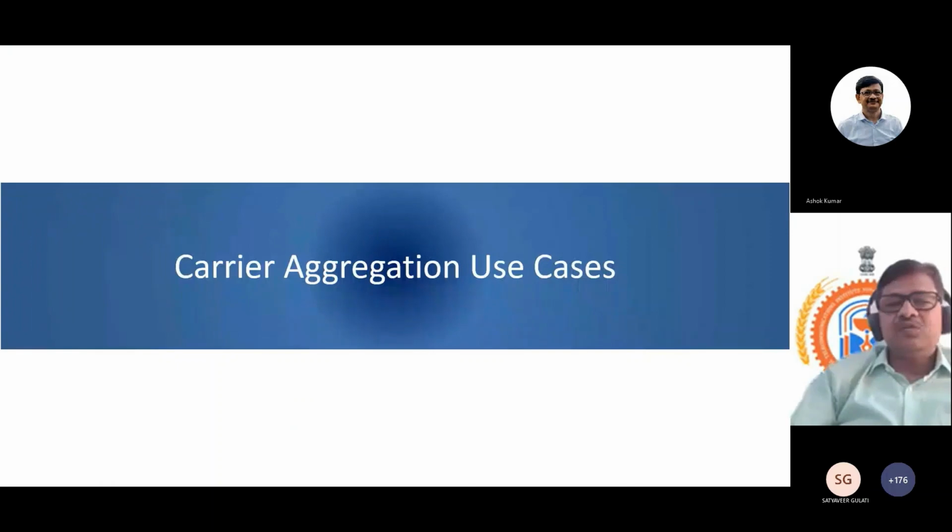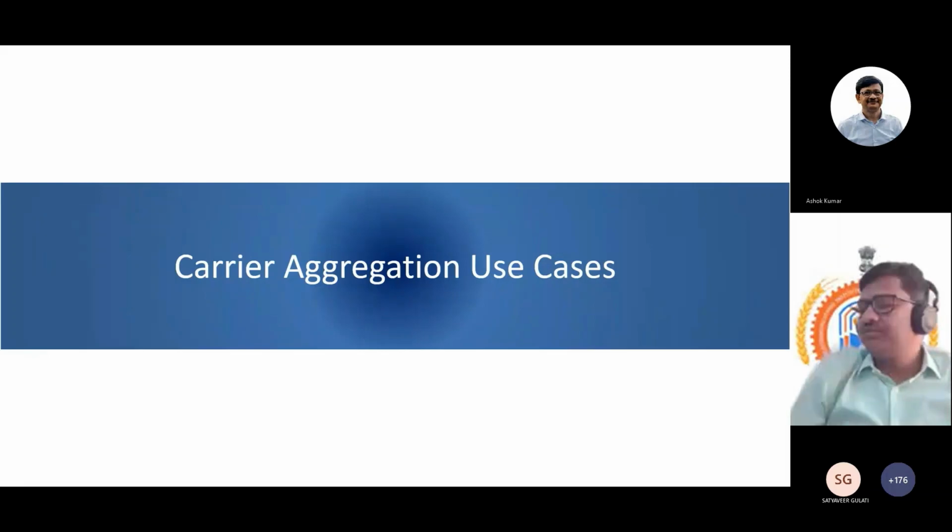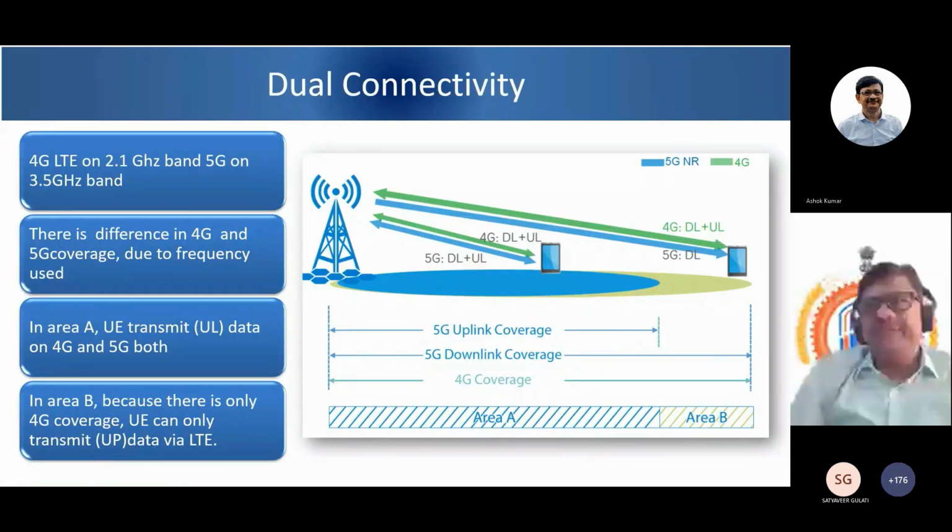Okay. Let us look at some use cases of carrier aggregation. In the morning somebody was asking, and please do ask questions if you need. Okay, so look at this picture. Let me explain. In this picture, what is being shown as an example is that suppose you have 4G LTE on this tower, and you also have 5G.